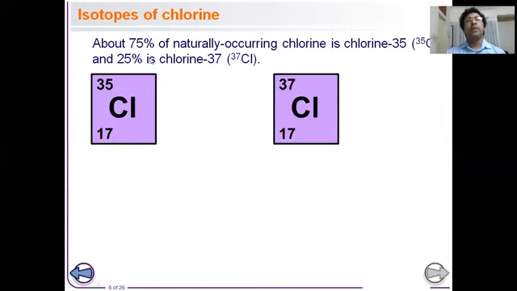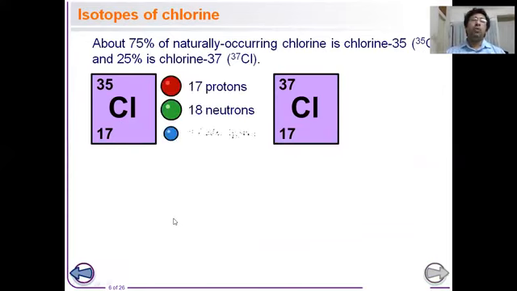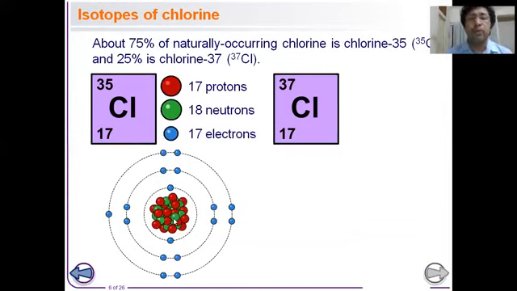Chlorine 35 exists at 75% and chlorine 37 exists at 25% in nature. So what will be its average relative atomic mass? Sorry, I'm not going to show the mathematical solution in this slide. I'm just giving the example. The mathematical problems will be shown in later slides.